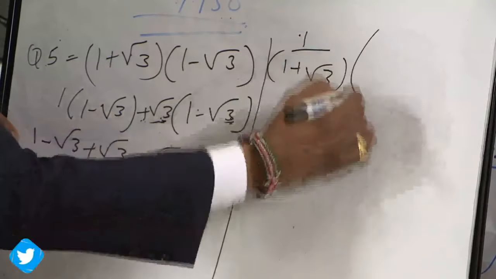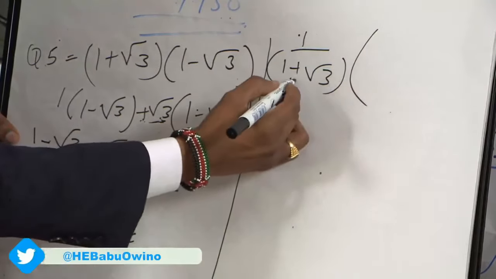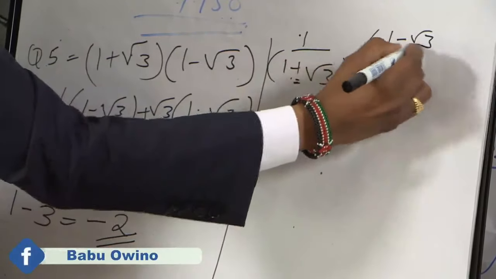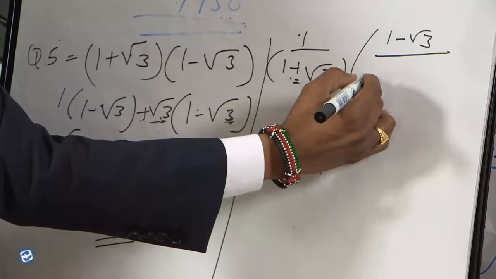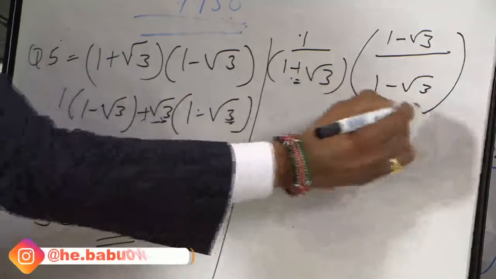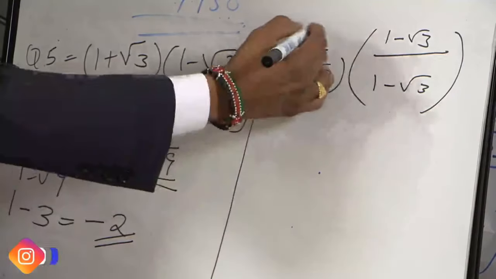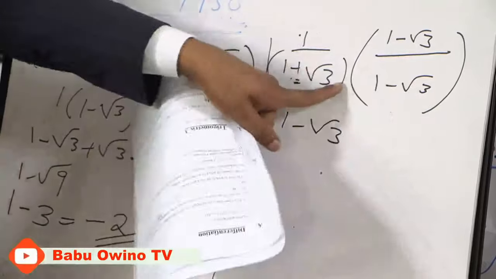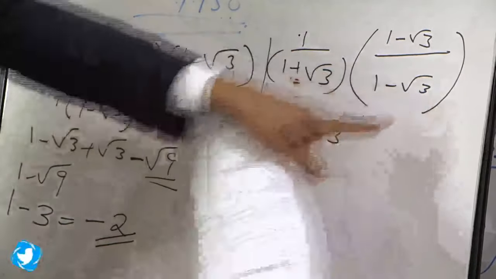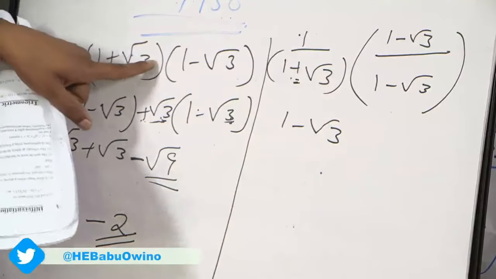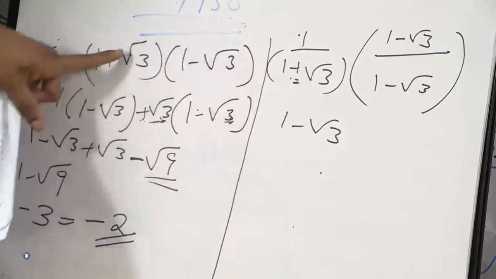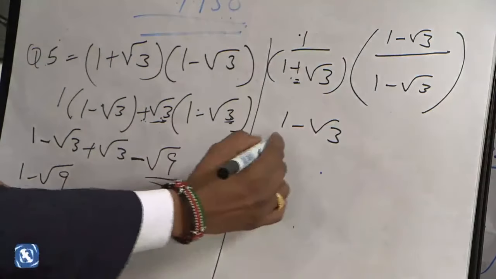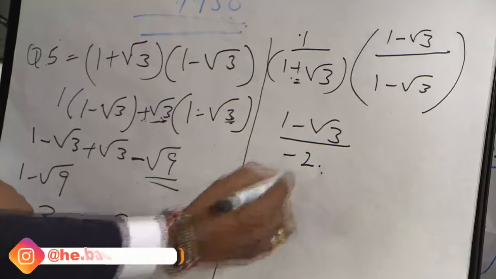The conjugate is the same value but with the sign changed, so you multiply by 1 minus root 3. The numerator is 1 minus root 3. But remember, 1 plus root 3 into 1 minus root 3, when we solved it, we got minus 2. So you divide this value by minus 2.